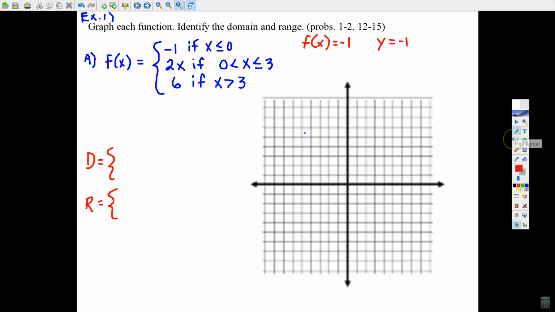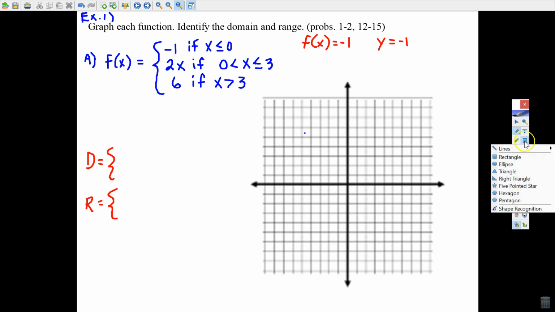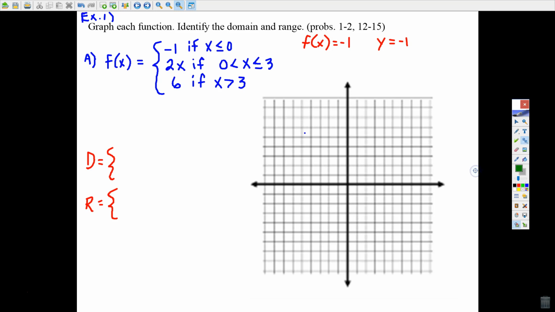I'm going to go ahead and draw this entire line, y equals -1, or f of x equals -1, without the restriction.